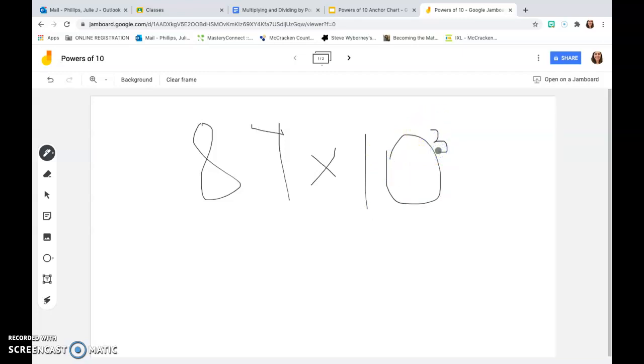Remember, that means 10 times 10 times 10.